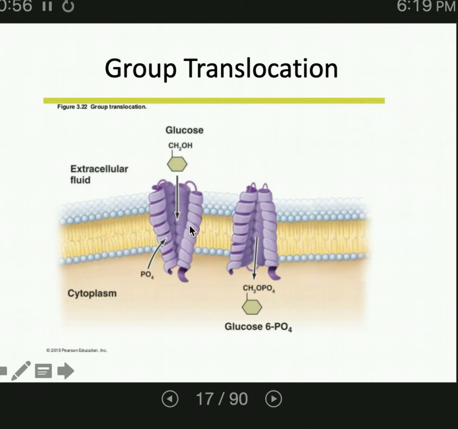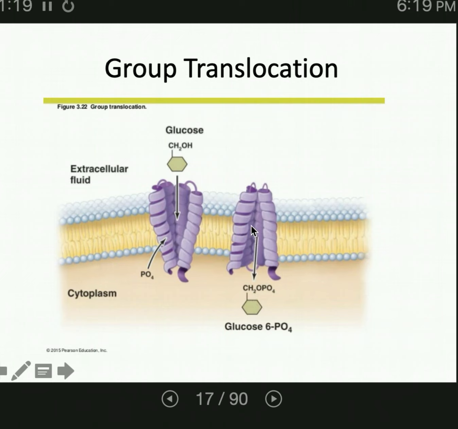But the problem is, if the sugar can fit into this channel, it could fit in the opposite direction too. If it can fit to go in, then it could fit to flow back out. And it would flow back out because everything moves down its concentration gradient from high concentration in the cell to low concentration outside the cell. So the cell doesn't want it to move backwards.